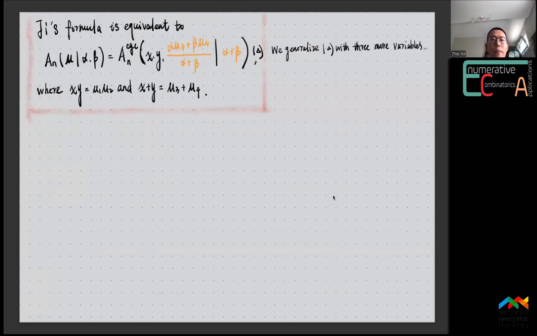From these two generating functions, we have found this connection formula. Actually, we generalized it with three more variables.